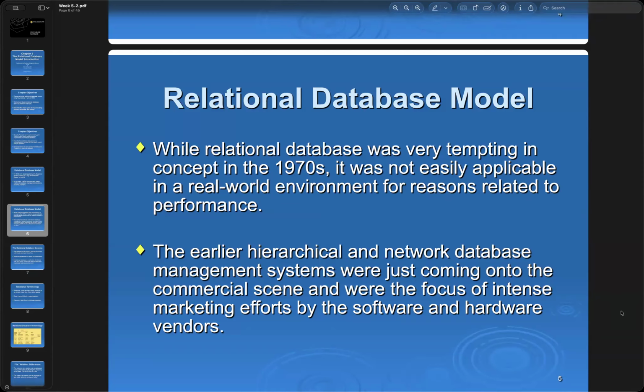Then, as we moved on, early hierarchical and network database management systems came onto the commercial scene, with intensive marketing efforts by software and hardware vendors.